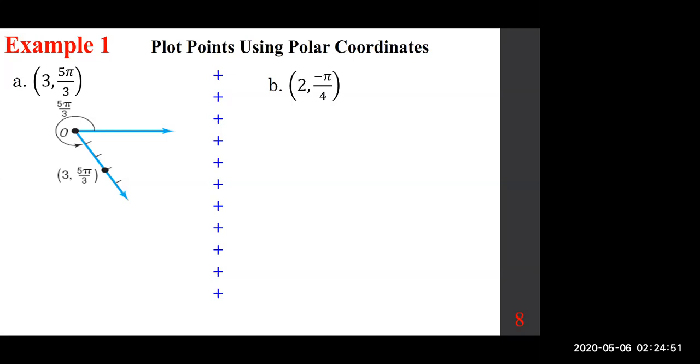The next one, you draw negative pi over 4. Remember, from the polar axis or from the x-axis, if you go counterclockwise is positive, clockwise is negative. So you go down, and then you count. In other words, you go to the fourth quadrant, and you count how many? Number 2, 2 tick marks.